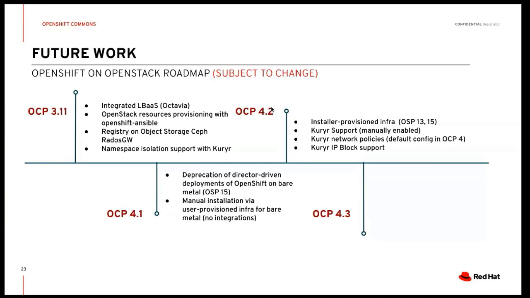Manila is being implemented with Rook, Rook being the operator that can be used to provision storage in OpenShift, and there's a Ceph backend plugin for Rook that can provide Manila shares and also block shares. So the state of Manila right now is that there's kind of two pieces to it.